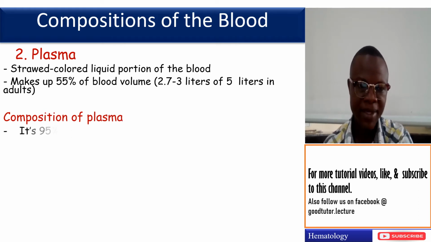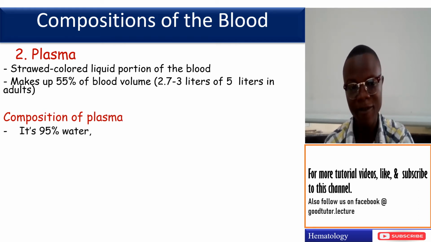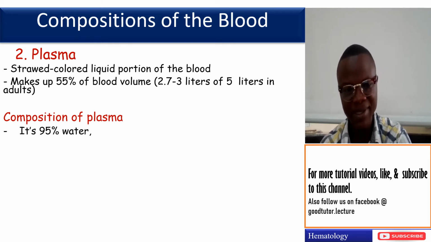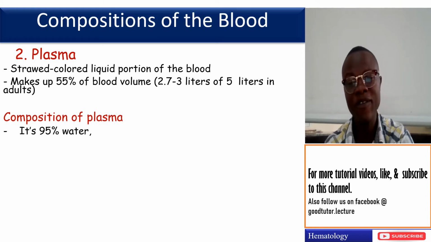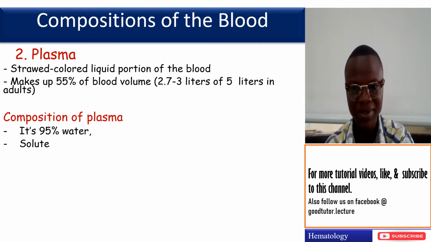The plasma is made of 95% water. So now we have a reason why primarily our blood is in a liquid state. So the plasma, which forms about 55% of our blood volume, has 95% water. The remaining percentage constitutes solutes.